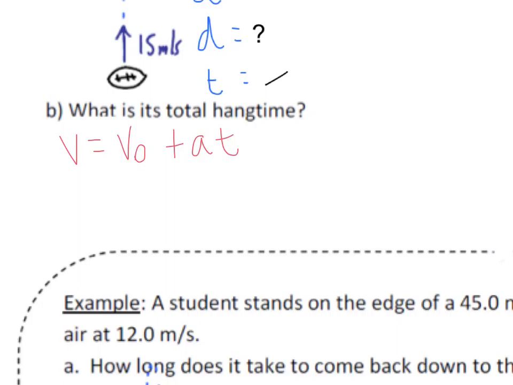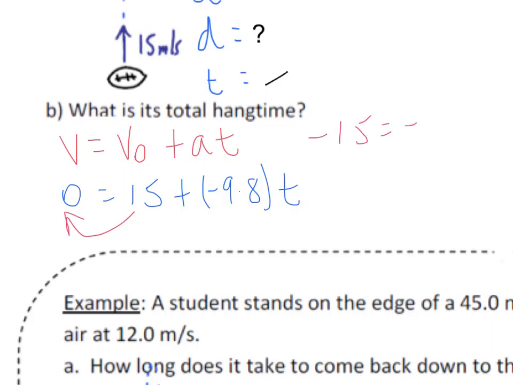So 0 equals 15 plus negative 9.8 t. Bring the 15 over. Negative 15 equals negative 9.8 t. So t equals 1.53 seconds. Now this is t up.